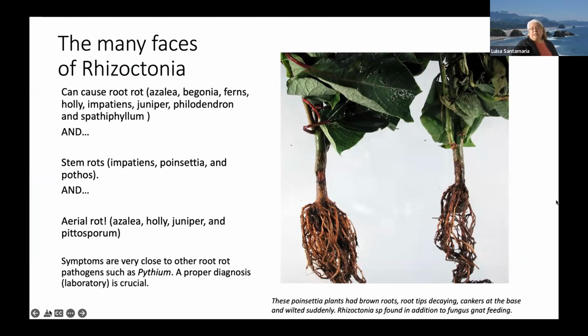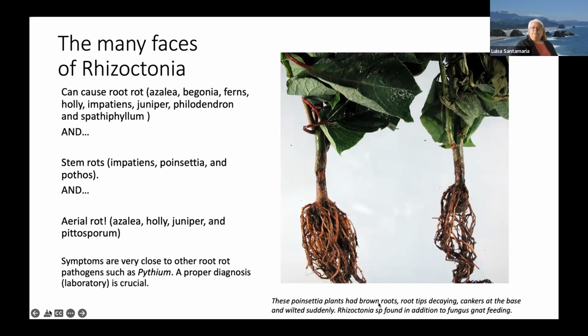And it causes damage in several ornamental plants. The most common hosts for Rhizoctonia are azalea, begonia, ferns, hollies, impatiens, and so on. They can also cause stem rot. So we can see something like that here, in a poinsettia. Everybody's familiar with that plant.